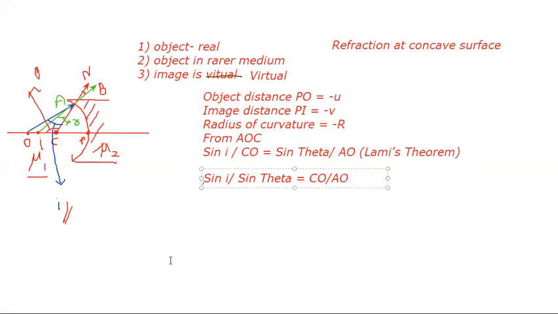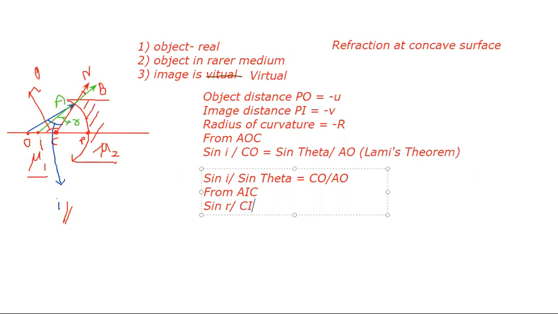Now again from triangle AIC, what can we write? Similarly, we can write sin r by, side opposite to angle r is CI.